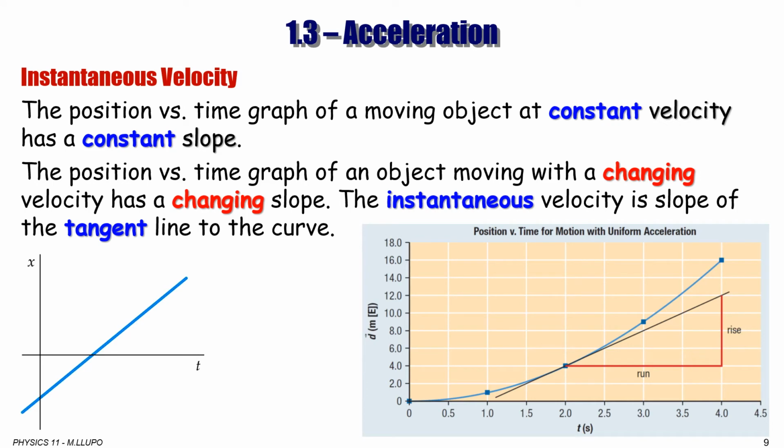If in a position time graph the tangent changes, that means the instantaneous velocity changes. A change in velocity means there is acceleration. That means it's an accelerated motion.